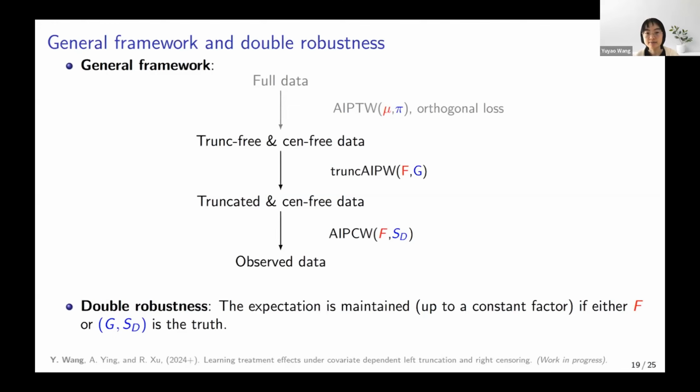From there, we apply the two operators for truncation and for censoring respectively. This way we get a function in the observed data. We can show that this procedure of handling left truncation and right censoring enjoys double robustness, in the sense that the expectation of the function is maintained up to a constant factor if either set of nuisance parameters is the truth.